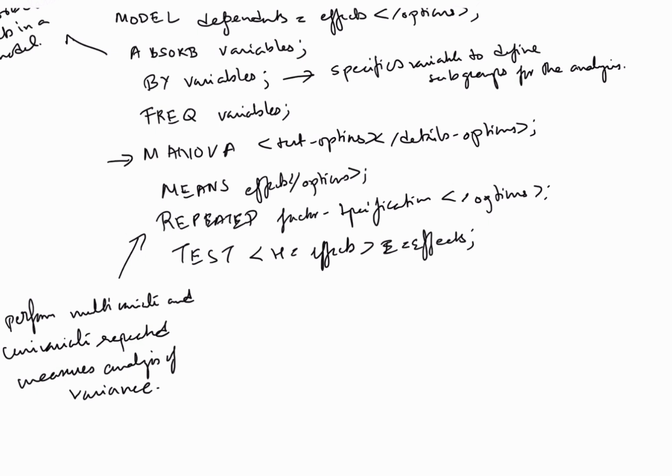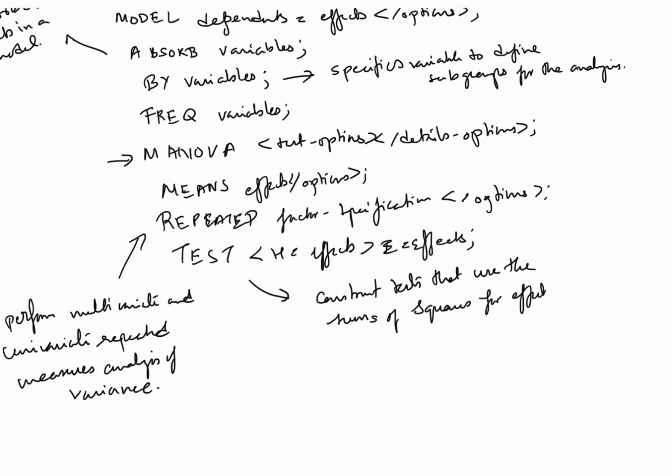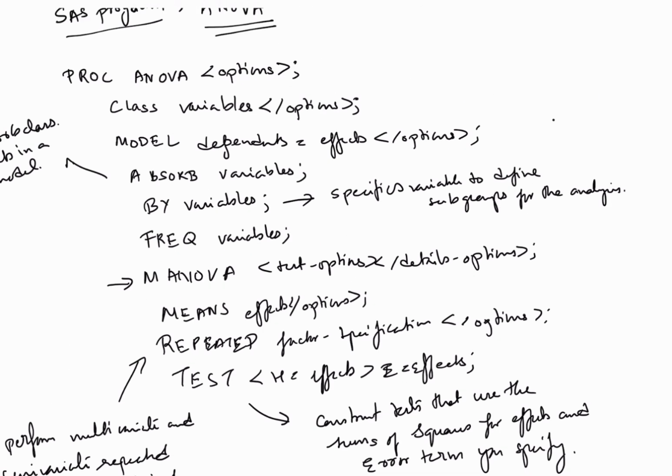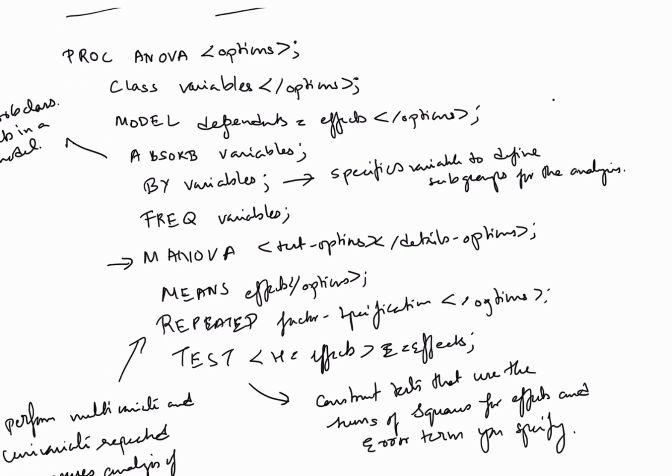And then on the TEST side, you basically construct tests that use the sums of squares for effects and the error term you specify. So those are the things that you need to know in PROC ANOVA.